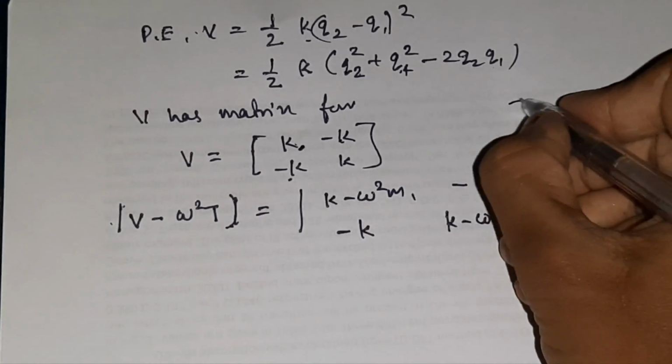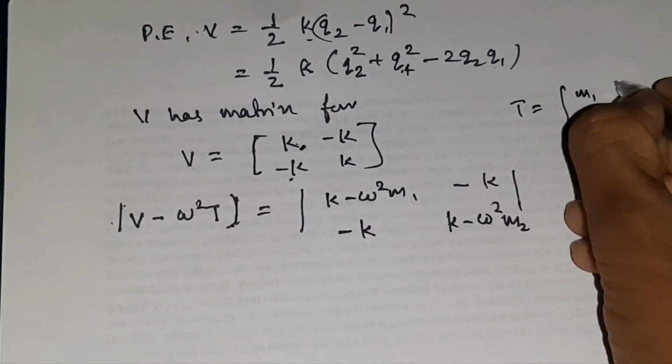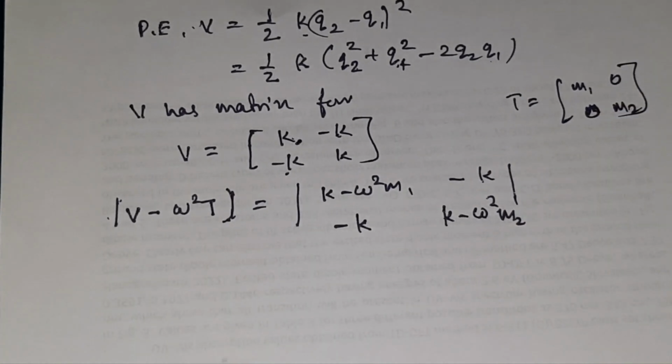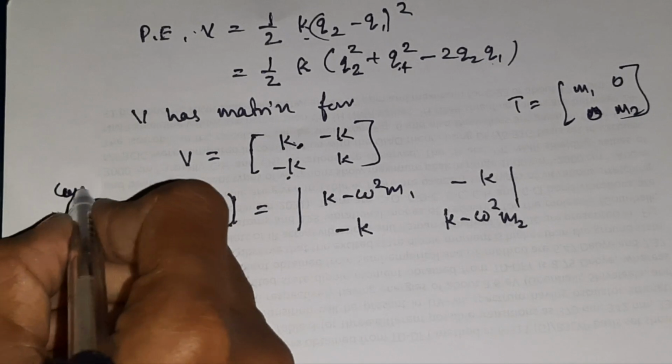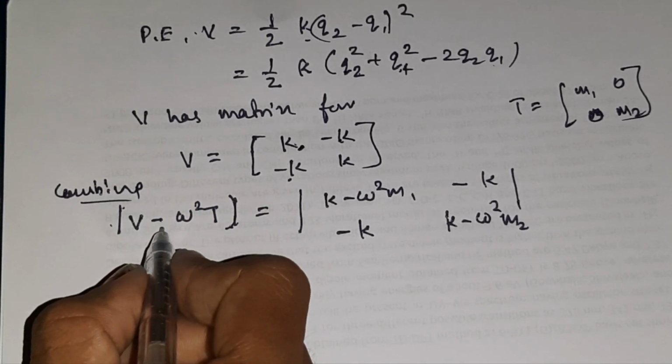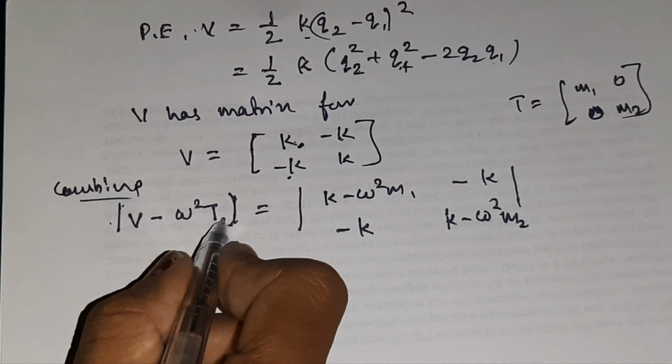As we know, T is the diagonal matrix with m1 and m2. So if we combine these two matrices, we have V minus omega square T in this form.